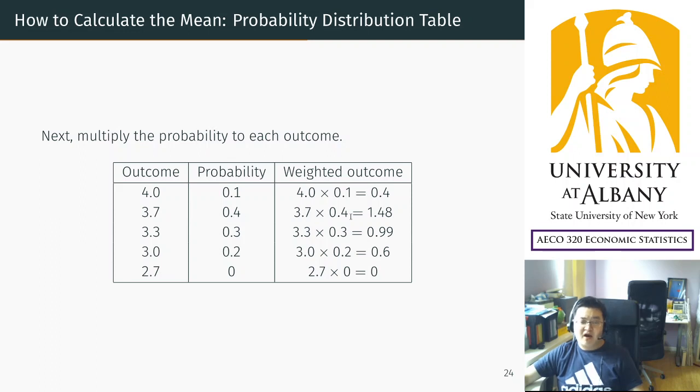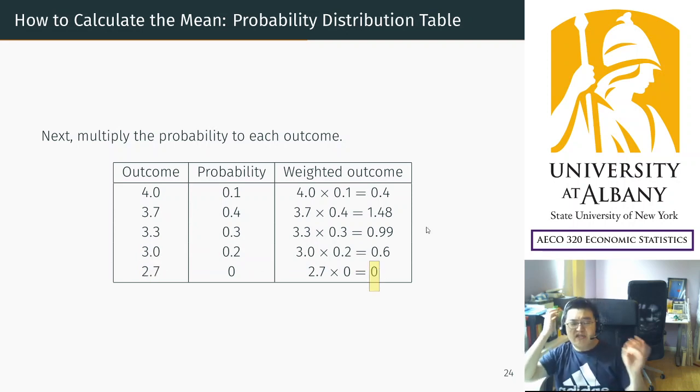When you multiply, the weighted outcome is larger. The weighted outcome becomes 1.48, which is larger than for 4.0. In that way, simply multiply 3.3 by 0.3, you get 0.99. 3.0 by 0.2, you get 0.6. And 2.7 by 0, automatically 0.